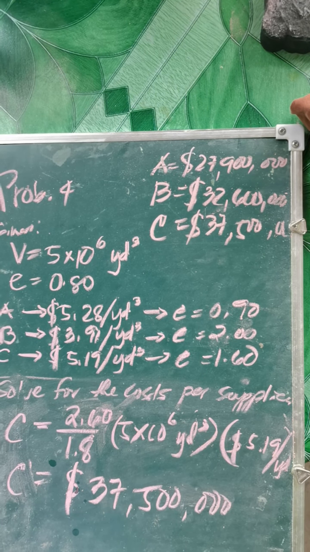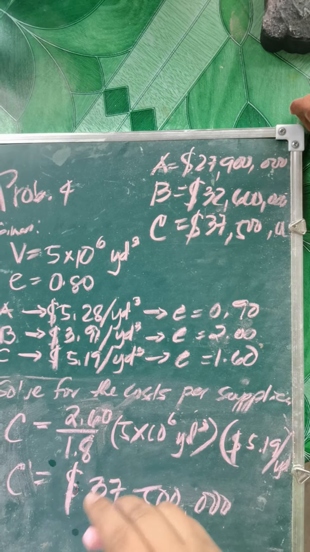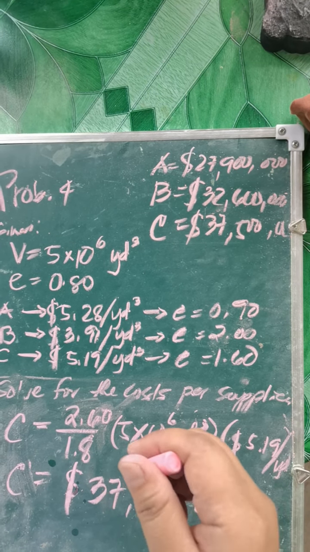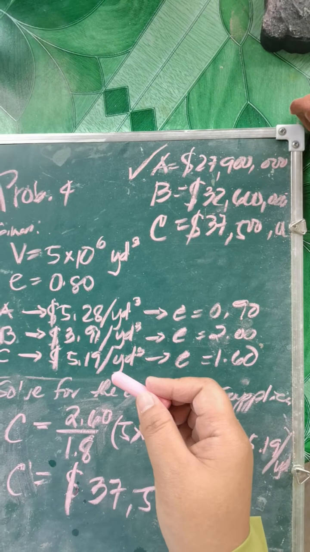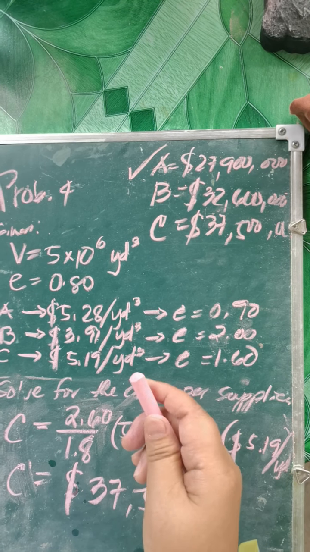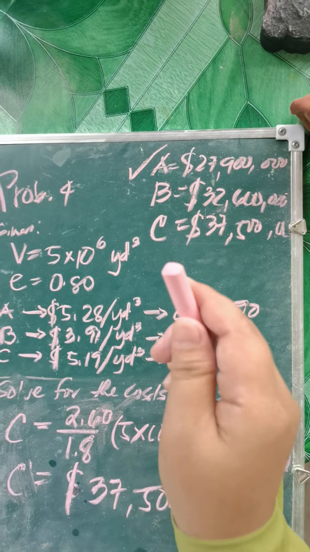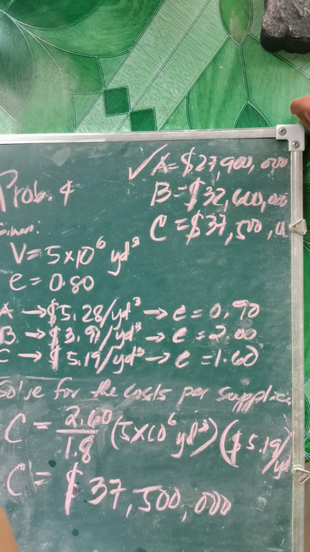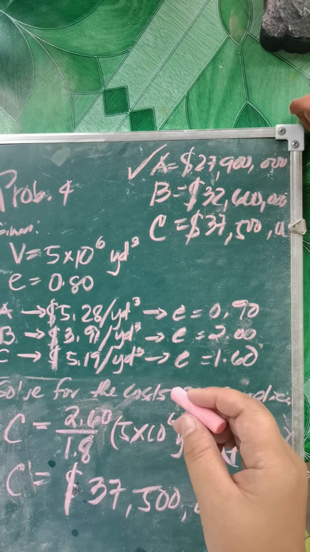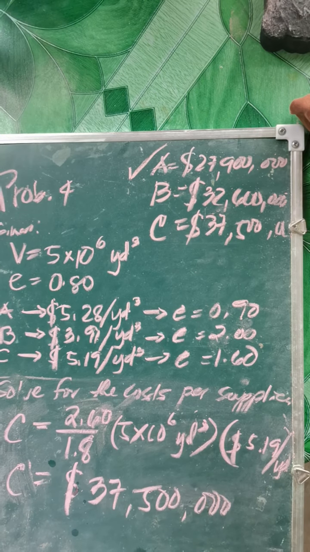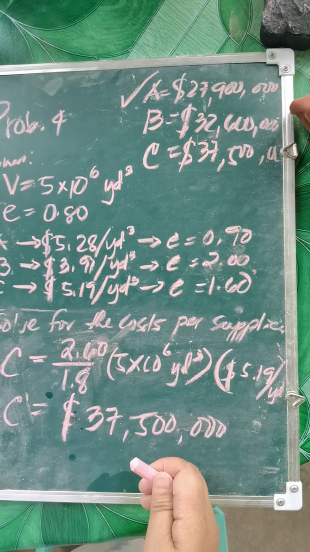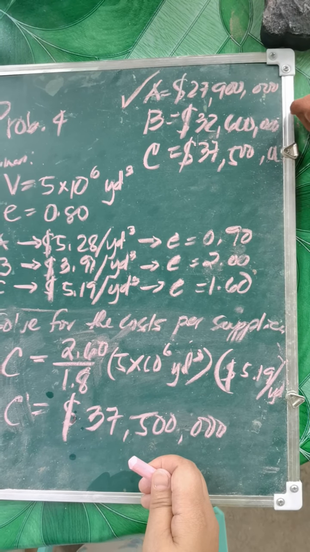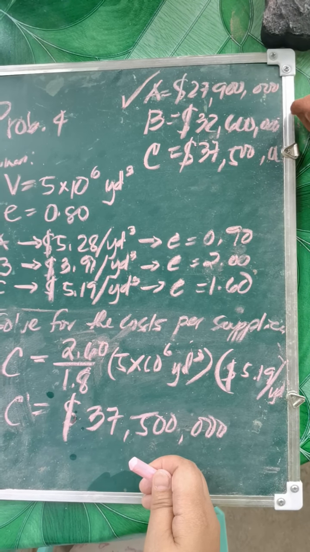Therefore, among the three suppliers, supplier A is the cheapest by about 4.7 million compared to supplier B, and 9.6 million compared to supplier C. So how much will we save?